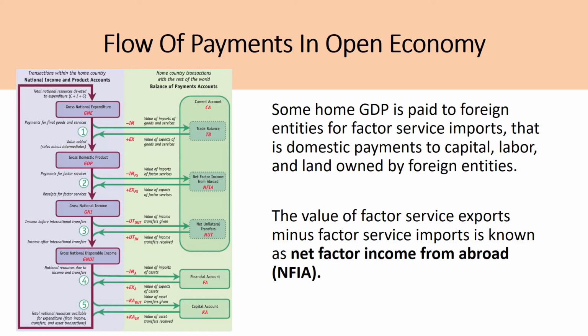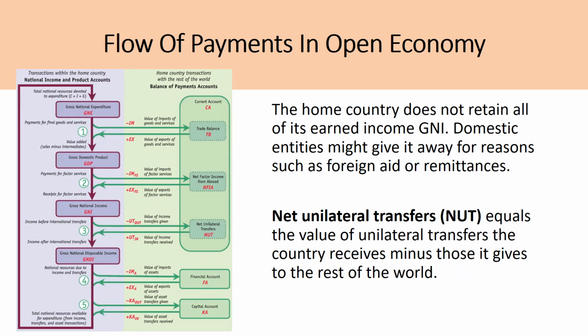It leaves and goes back to that foreign country because it's their income. And so that's an outflow. So there are inflows and outflows of net factor payments. Some of the examples they talked about were, of course, capital, labor, and land owned. So it's not only the amount that we pay out to employees, it can be the capital that's invested, or also the net income earned on different transactions. The home country does not retain all of its income earned, which is represented in GDP. Domestic entities might give it away for reasons such as foreign aid or remittances.